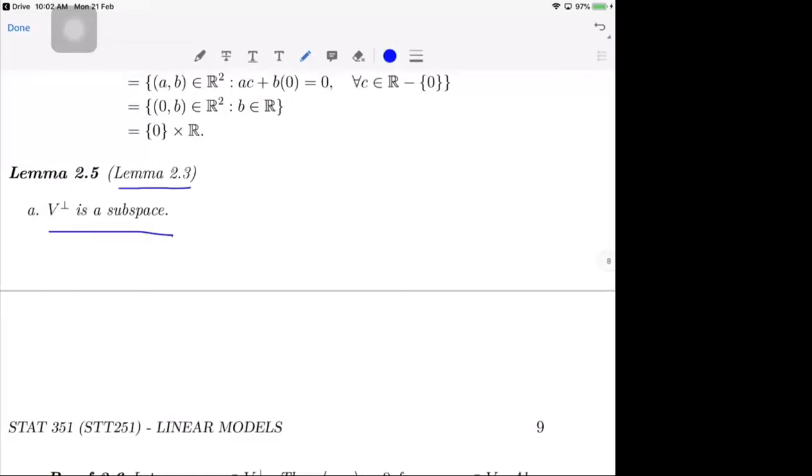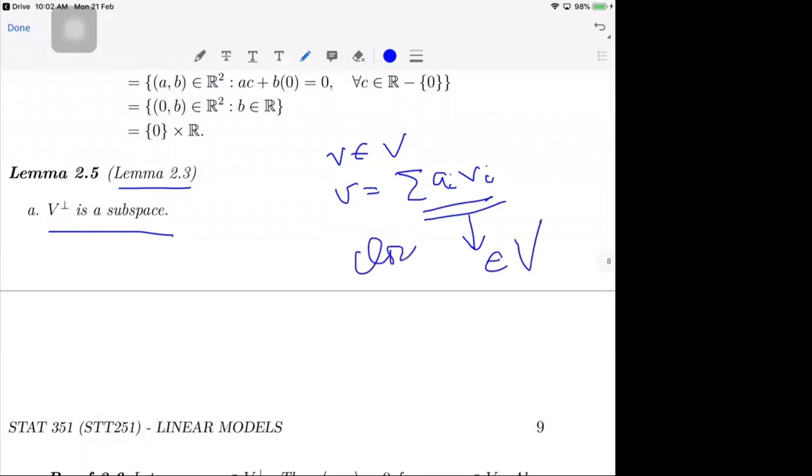Okay, so here we will show that B perp is also a subspace. How do you show subspace, Gane? You have a vector V in V, and then you can write B as a linear combination of some constant, and then sa gani buhaton? You show that this linear combination is also in V, closed under the operation of taking linear combinations.